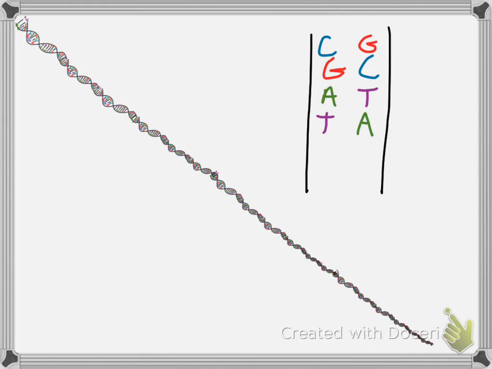Every time they looked at DNA and they broke it down into its chemical pieces, however many grams of guanine there were was always, always, always equal to the number of grams of cytosine. There were always equal masses of those two.